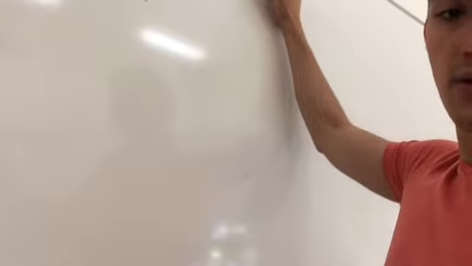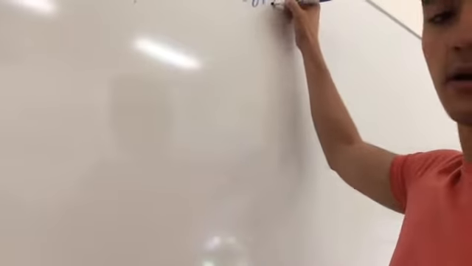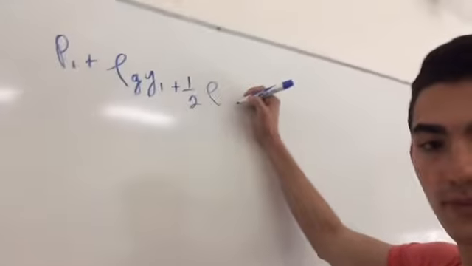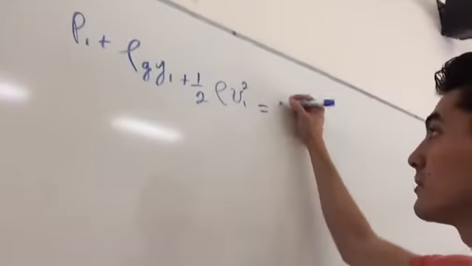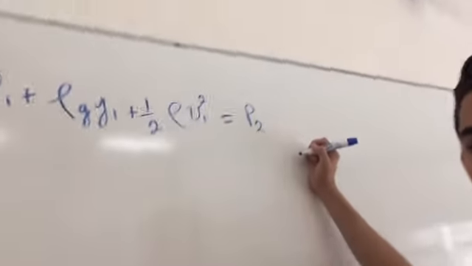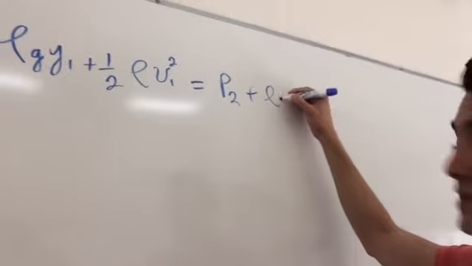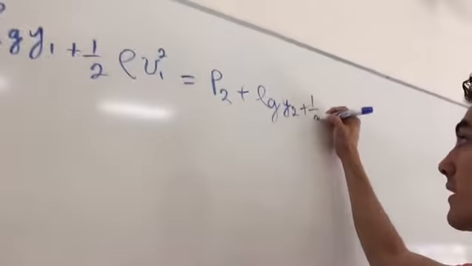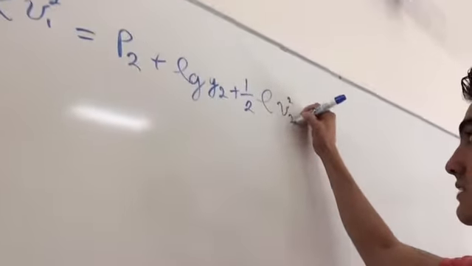Once we know that velocity, we can go to our Bernoulli's equation that says that our pressure 1 plus rho, that is the density, times the gravity times y1, plus half of the density times the velocity 1 squared will be equal to the pressure 2 plus the density times the gravity times y2 plus half density velocity 2 squared.